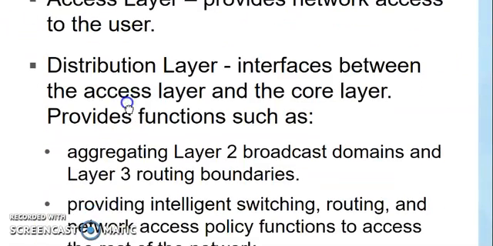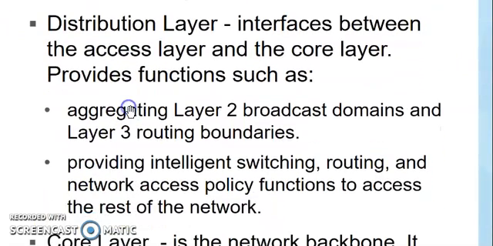Now we go to the distribution layer. It acts as a bridge between the access layer and the core layer, or it interconnects the core layer and the access layer. The distribution layer provides many functions.